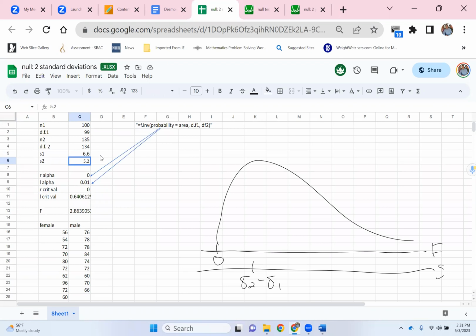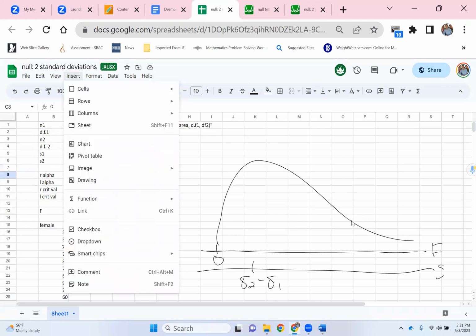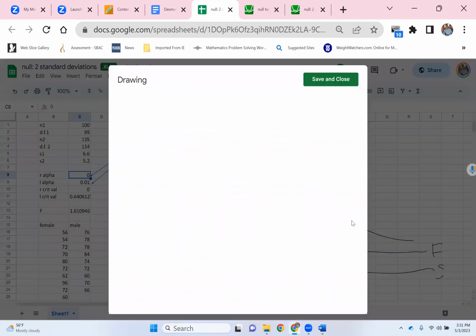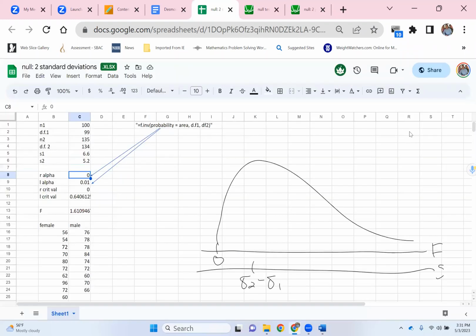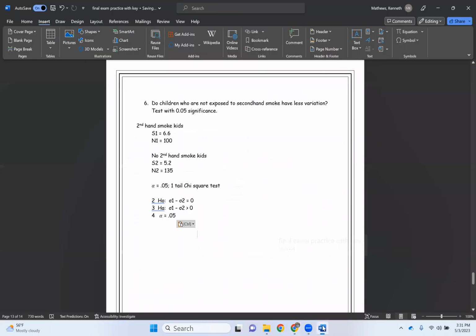Now, watch how this changes. Okay, now the right critical value is going to be 0.05 because it's a right-tailed test. So let me go insert drawing. Oh, I don't like it that way. All right, so let's do this.